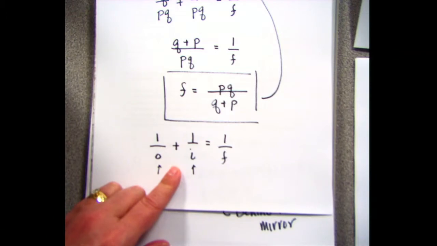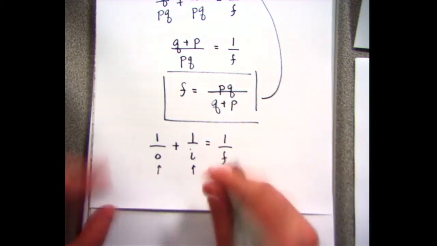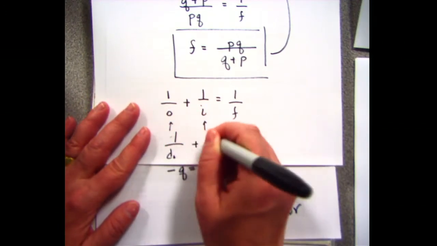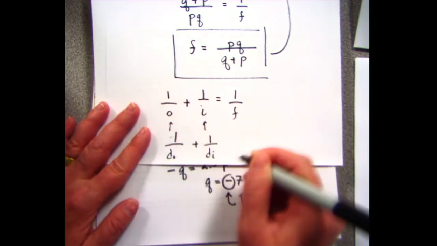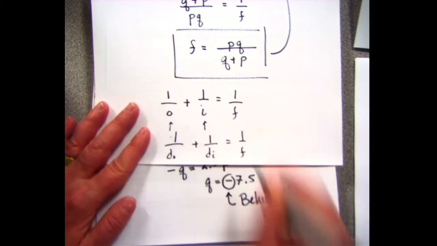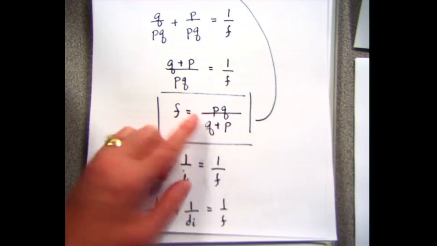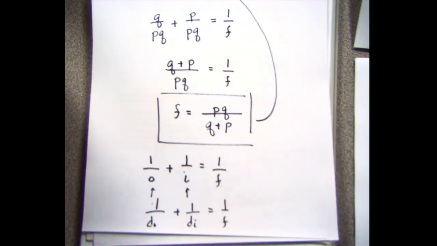Some books will also do it like 1 over DO plus 1 over DI is equal to 1 over F. That's also a little bit easier to remember than which one is P and which one is Q. But P and Q are standard conventions that people use.